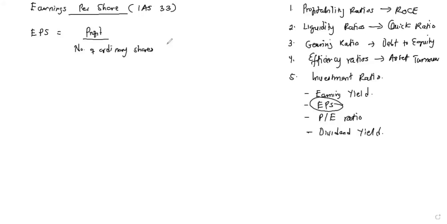So someone will be asking, why is it that this particular earnings per share, which is a simple calculation, becomes an accounting standard? It's because earnings per share is one of the most important information that needs to be disclosed in the financial statement. So it goes into the notes of accounts. Shareholders require managers and management to be able to tell them what they are earning on a share.